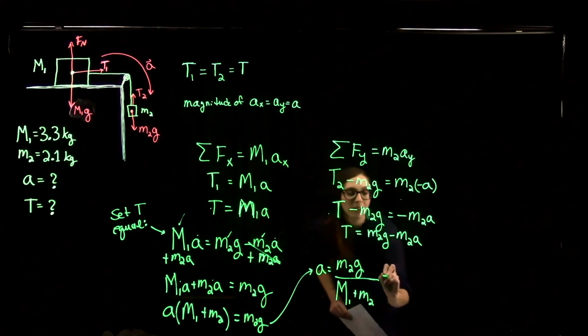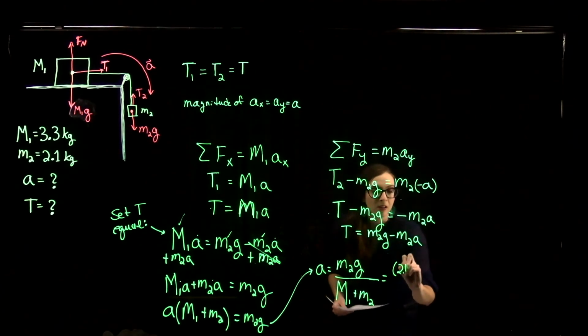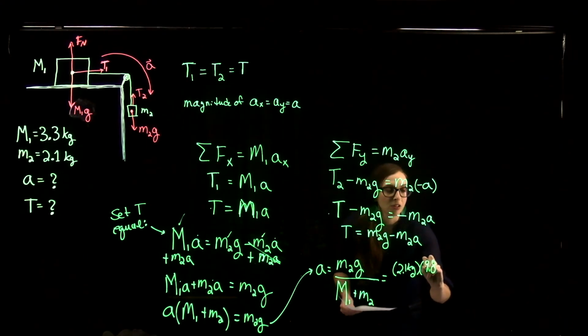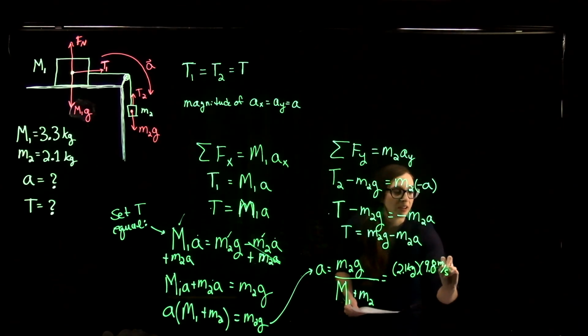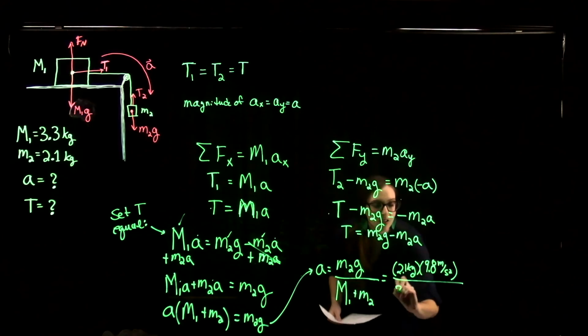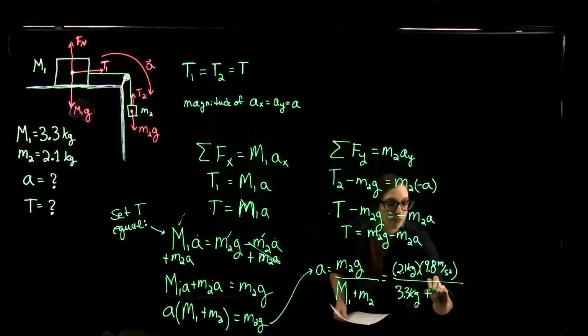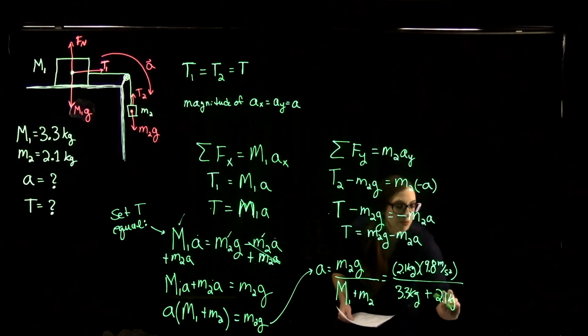So let's plug in the numbers. Our smaller mass is 2.1 kilograms. And we're multiplying it by acceleration due to gravity, 9.8 meters per second squared. And then we divide it by our big mass, 3.3 kilograms, plus the small mass, 2.1 kilograms.